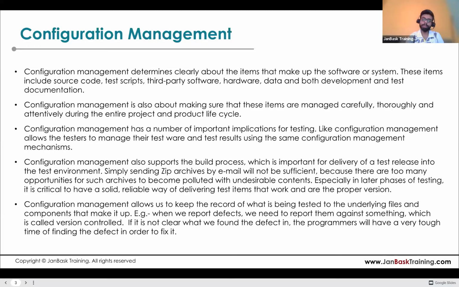Suppose the developer has written some code and you have tested that, and now it's in production. Now they want to add some more functionality, or during production itself they have found some bug in it.